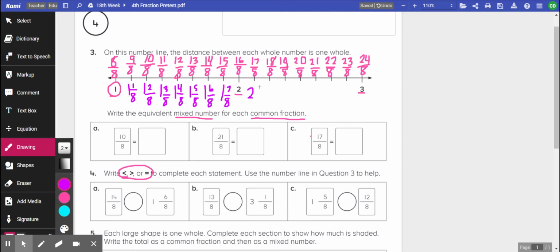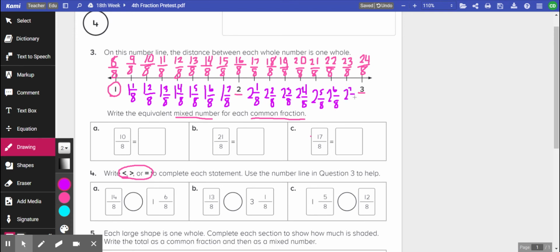So this is 2 and 1/8, 2 and 2/8, 2 and 3/8, 2 and 4/8, 2 and 5/8, 2 and 6/8, 2 and 7/8.